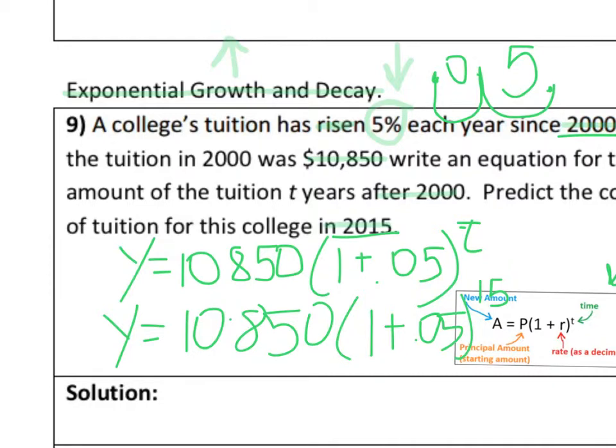And you're going to get a final answer of $22,556.37.